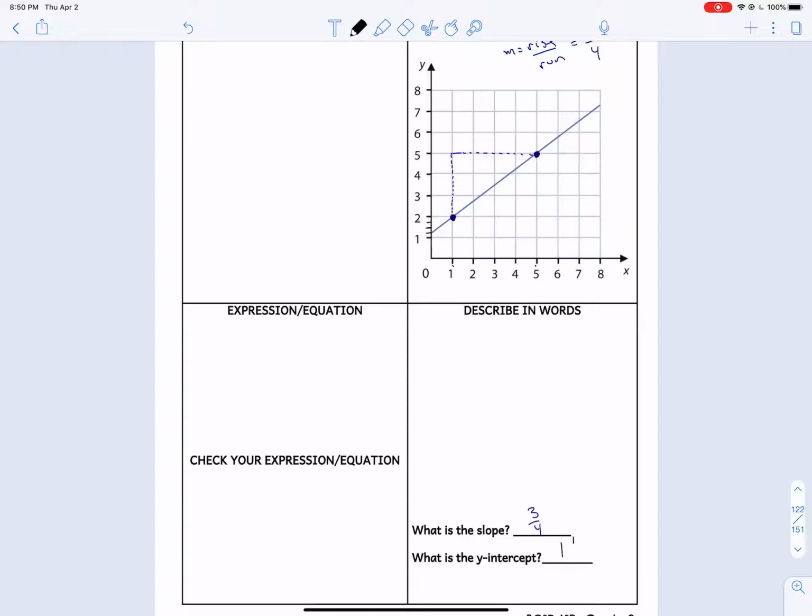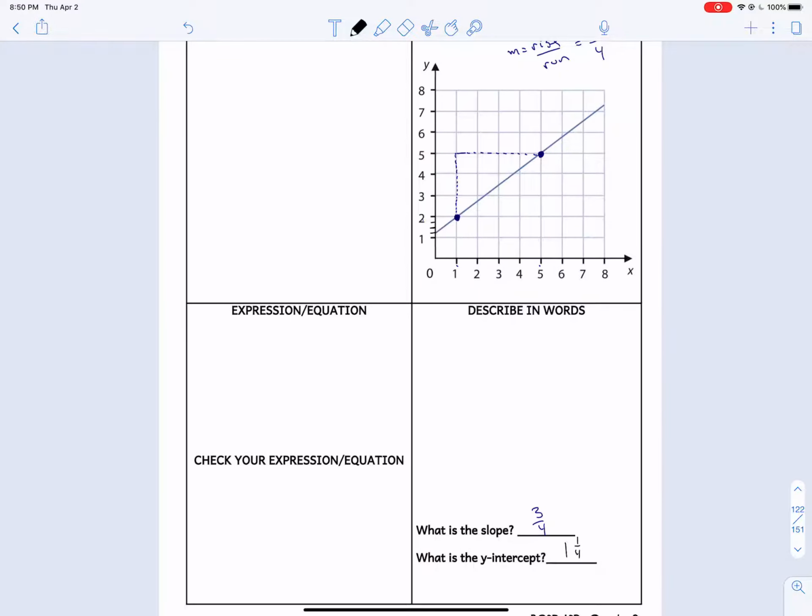So 1 and 1/4. But remember, we can't use a mixed number in an equation. So let's convert this to a fraction. Just by counting, this is 1, 2, 3, 4, 5 fourths.